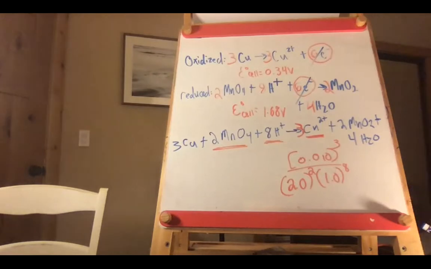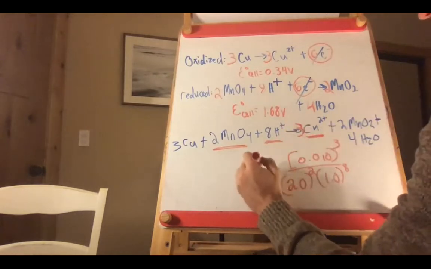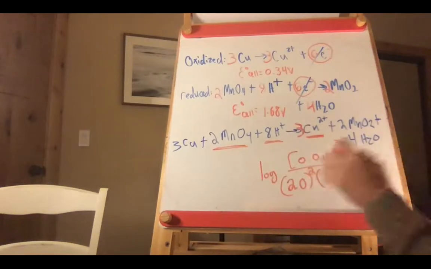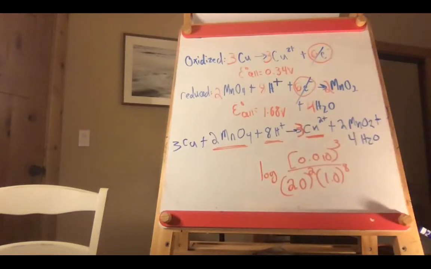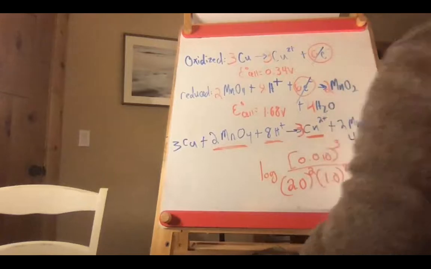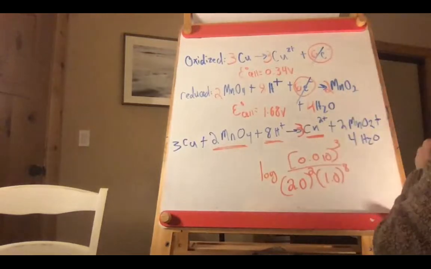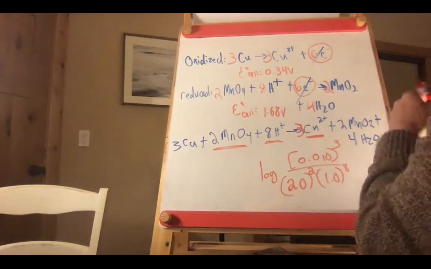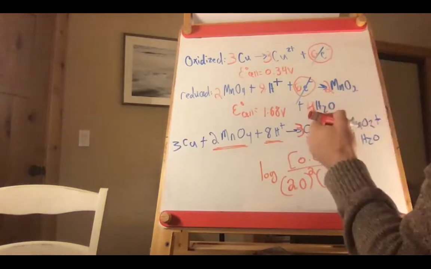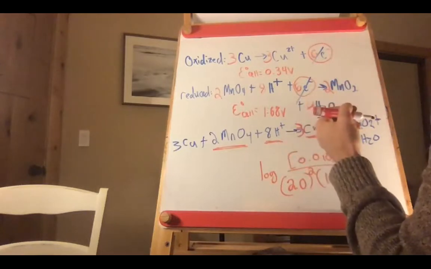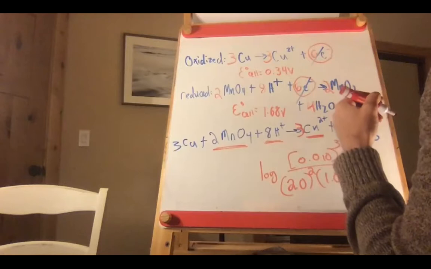The Nernst equation says that it's equal to the log of Q. Okay, so it's the log of all that stuff. And then what else do we have? We have Faraday's constant, or we have gas law constant times temperature times that 2.03 all over Faraday.